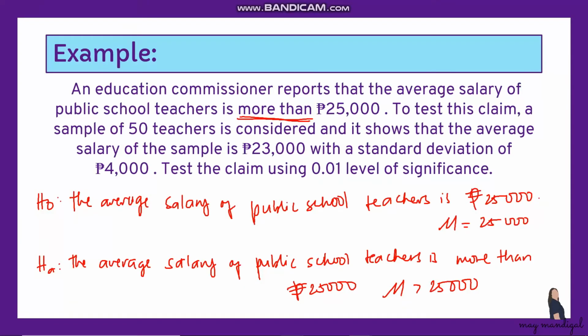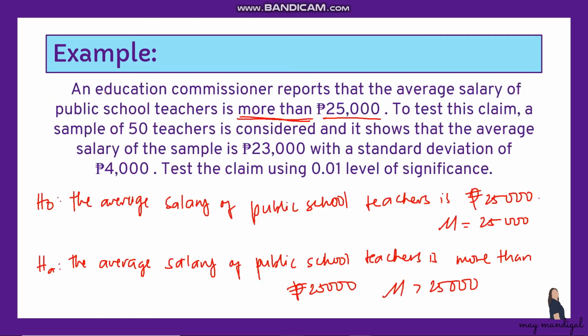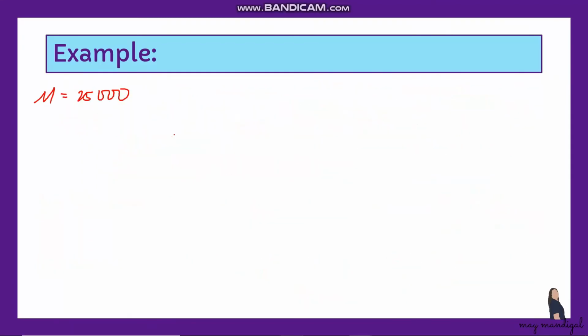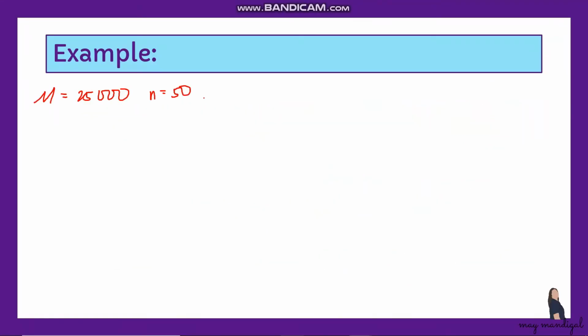Now let's go to writing the values that we know. This 25,000 here refers to our population mean, so we can write here mean is equal to 25,000. Next, a sample of 50 teachers is considered, so that is our sample size, n is equal to 50. The average salary of the sample is 23,000 pesos, so this is our sample mean.